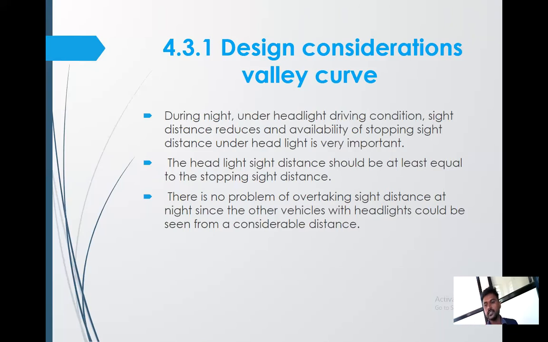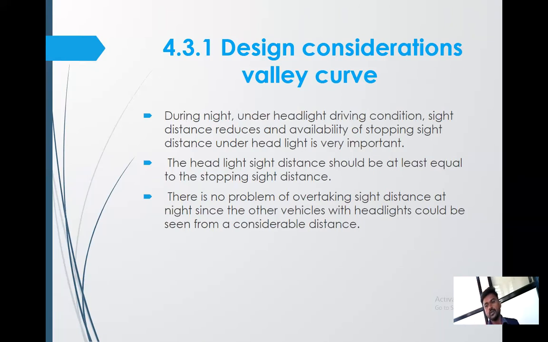The headlight sight distance should be at least equal to the stopping sight distance. Means what? By the headlight, if I observe any obstruction in front of me, I will suddenly apply the brake and my vehicle will stop. So how much will be the minimum headlight distance? It should be at least the stopping sight distance.